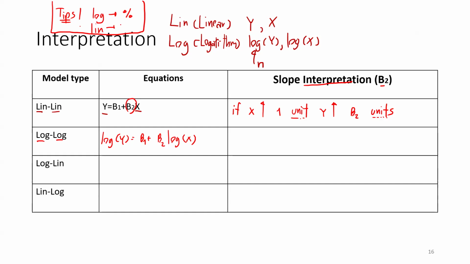Linear, you have to interpret as unit. So if x increases by 1%, because they have log on it, y will increase beta 2%, because y has log.